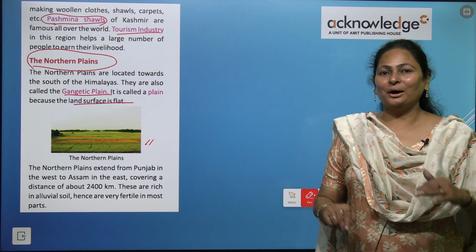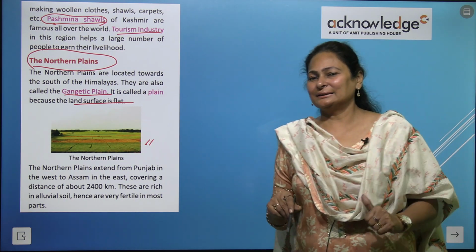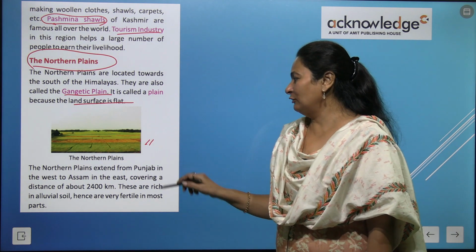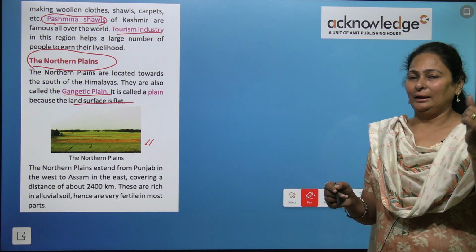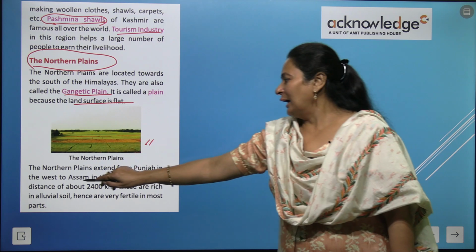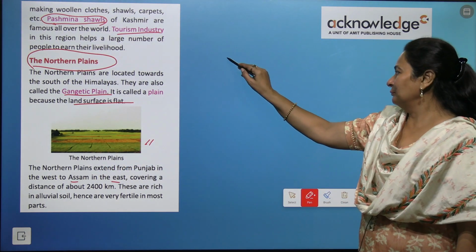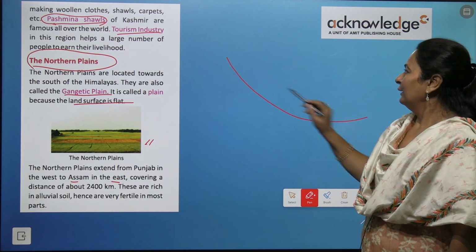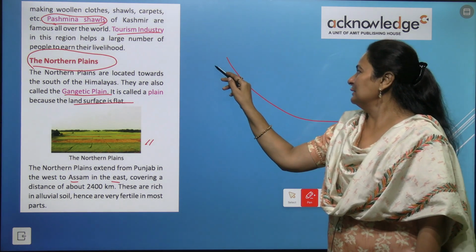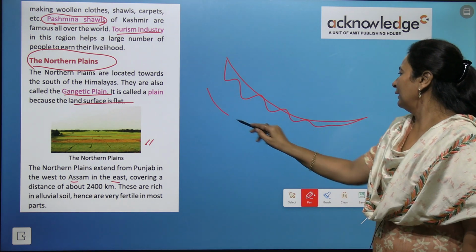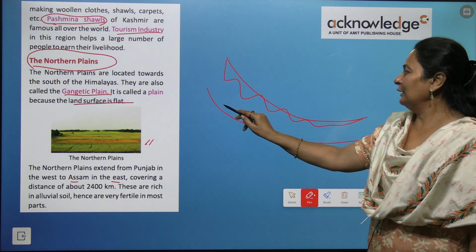It is not high land. It is low land, right? The Northern Plains extend from Punjab in the west to Assam in the east. This is the slope, right? First we have the northern mountains, then the northern plains.